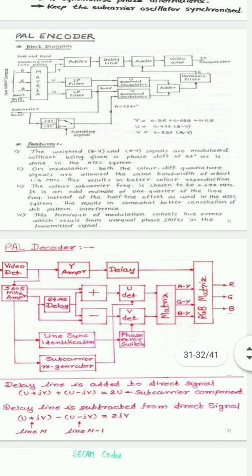Now we will see the PAL encoder and the PAL decoder. You can see the diagram. The PAL encoder consists of a matrix, to which you give the primary colors. After that you get the output of the matrix to the adder and low pass filter, which we give to the delay line and the balanced modulator.